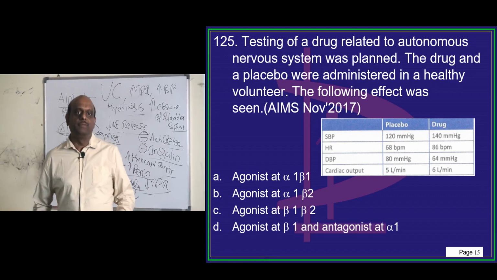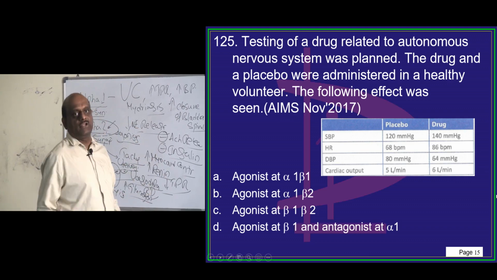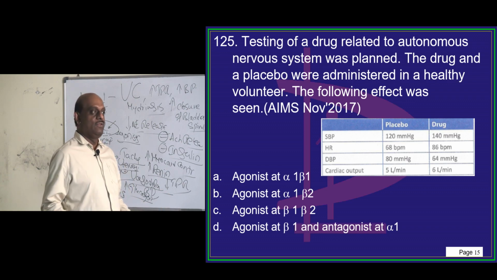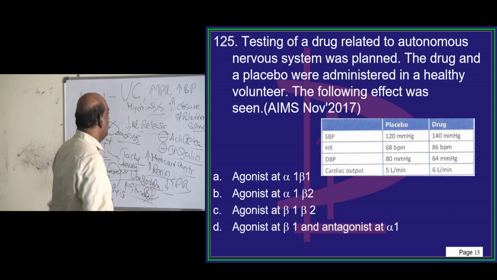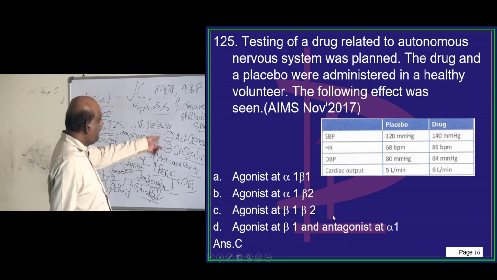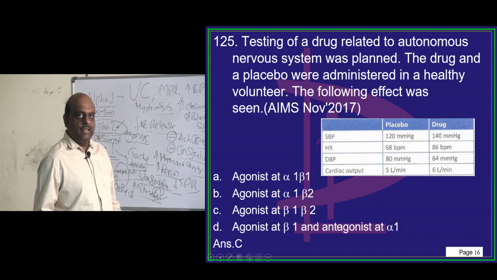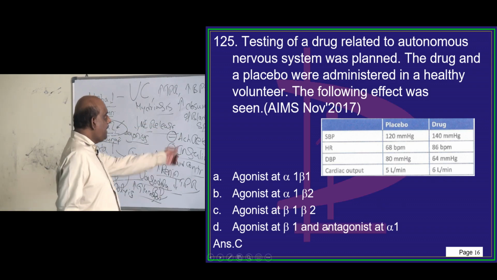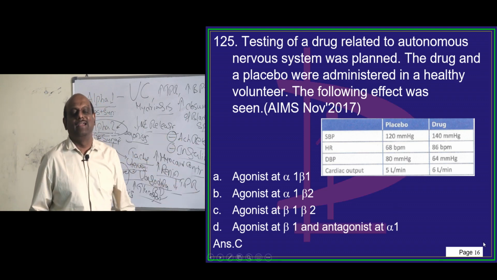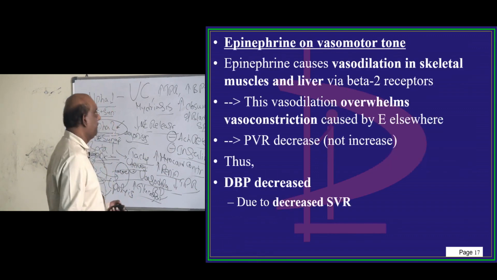You should remember, if the cardiac output has increased and the diastolic BP has decreased, it should be a vasodilator. So it should be acting as an agonist at both beta 1 and beta 2. Beta 1 because there is an increase in heart rate and systolic BP, and beta 2 because there is vasodilatation and a fall in the diastolic BP, which you have to emphatically remember to answer this question.